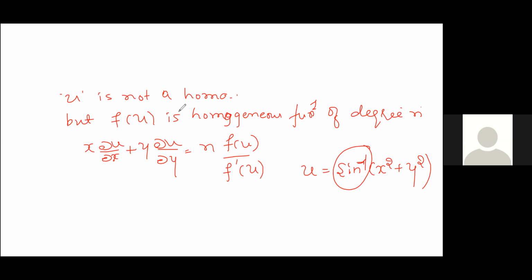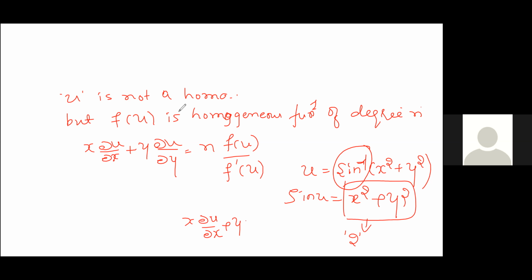If you shift this to the left hand side, the function becomes sin u equals x square plus y square. Now x square plus y square is homogeneous of degree 2. So we can apply this extension theorem. Then in place of x dou u by dou x plus y dou u by dou y, we can write 2 into f of u, which is sin u, divided by the derivative of sin u, which is cos u. That will become 2 tan u. Is it clear?